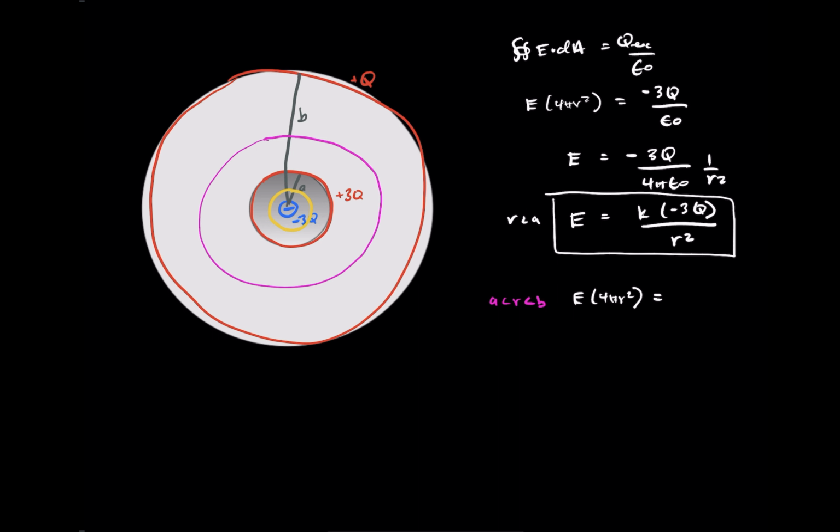Minus 3Q plus 3Q is 0. That means our electric field is 0, which is what we would expect because we are inside a conductor. At this radius, we are inside the conductor. Inside the conductor, hollow or not hollow, the electric field is 0.